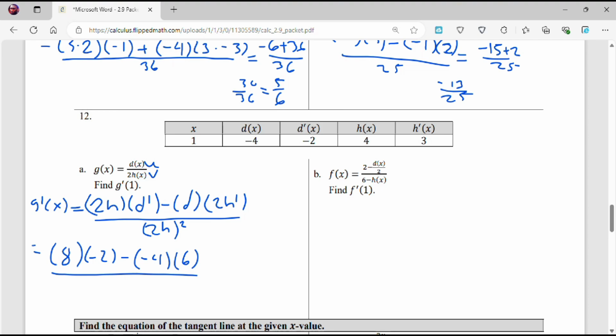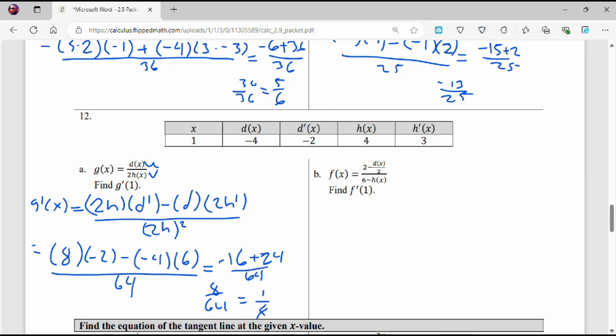So 2 times h is 4, so 2 times 4 is 8, squared is 64. Okay, and then now we can do 8 times negative 2, which is negative 16, minus negative 4 times 6, so minus negative 24, which is plus 24 over 64. Negative 16 plus 24 is 8 over 64, which equals 1 over 8.